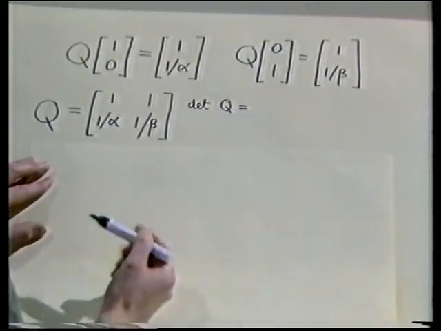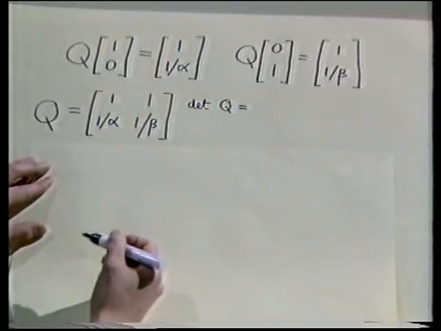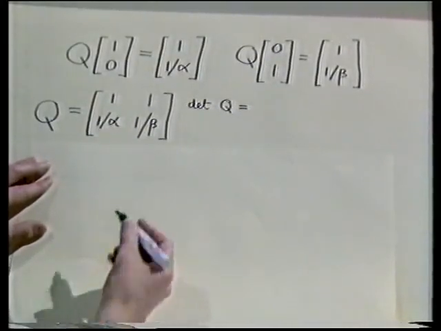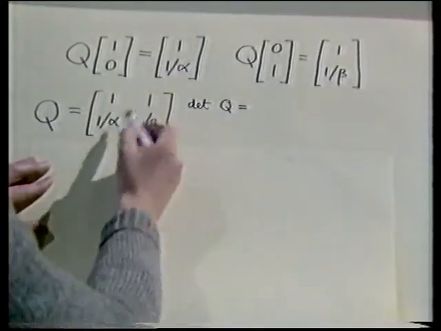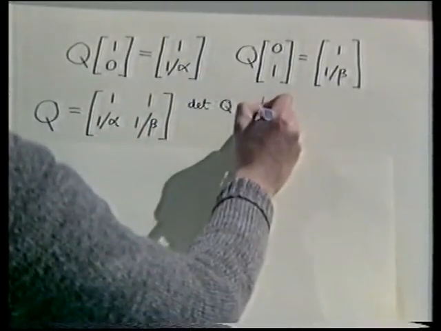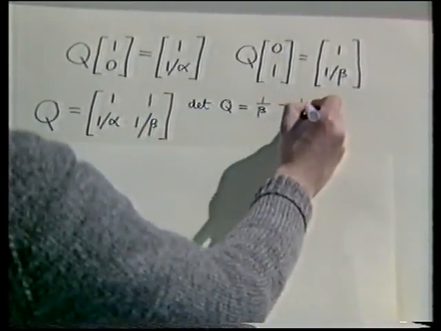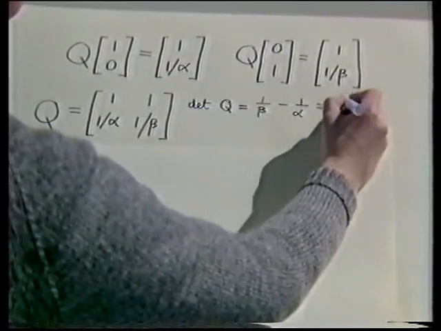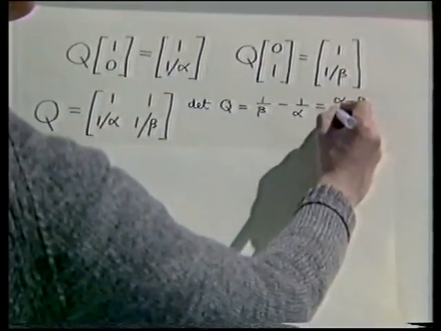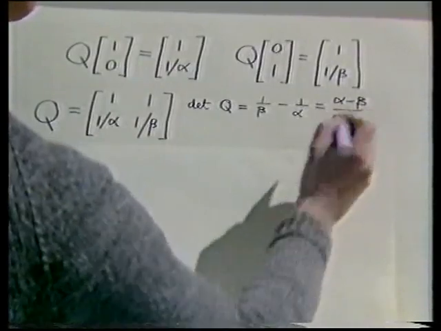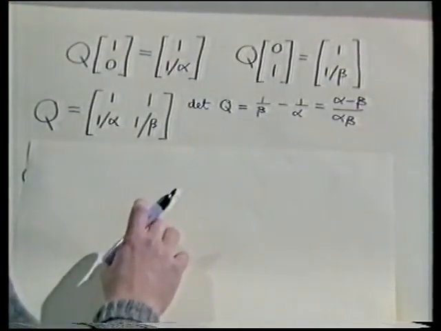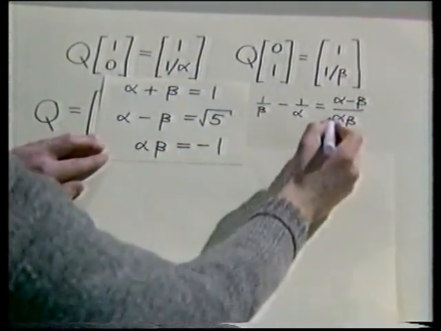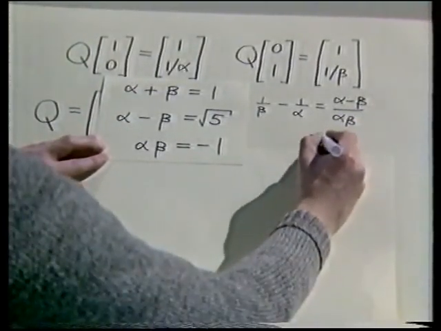What we want to do is to find the inverse of Q. And so the first thing we need to find is the determinant of Q. That is 1 over beta minus 1 over alpha. And we can rewrite this in the form (alpha minus beta) divided by alpha beta. Well, using the properties of alpha and beta, we find that this is just the same as minus root 5.